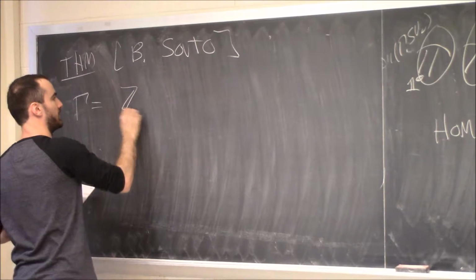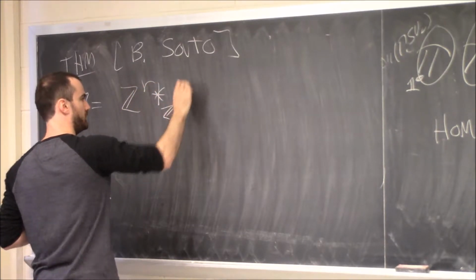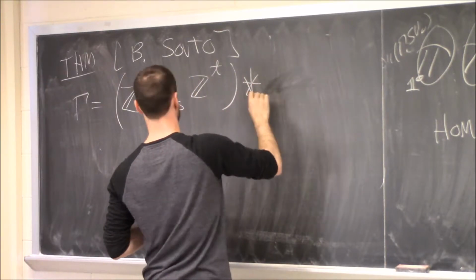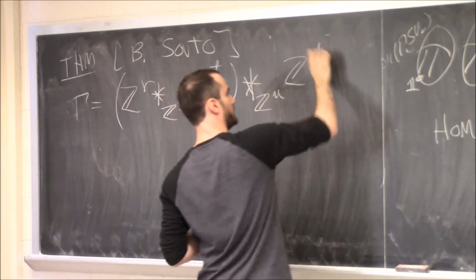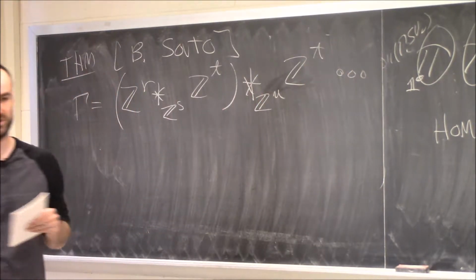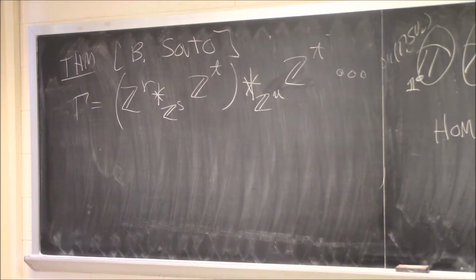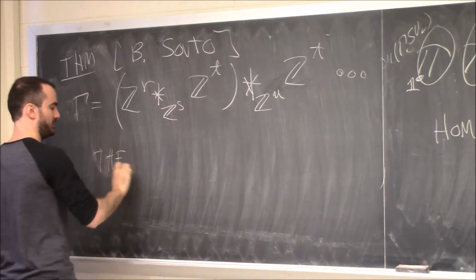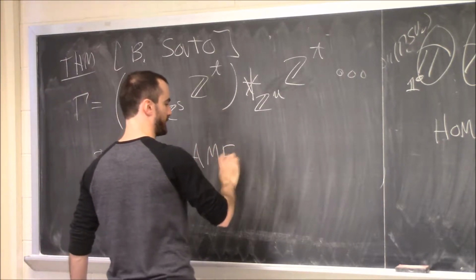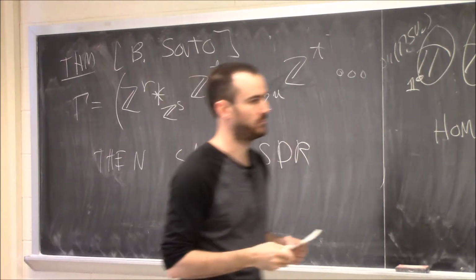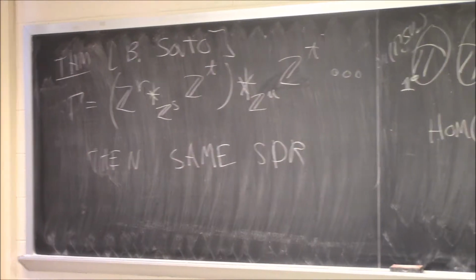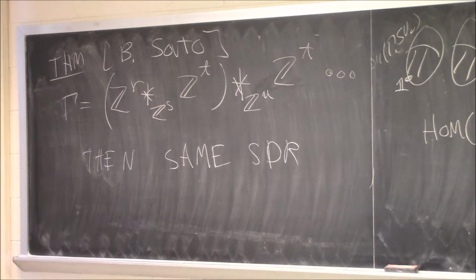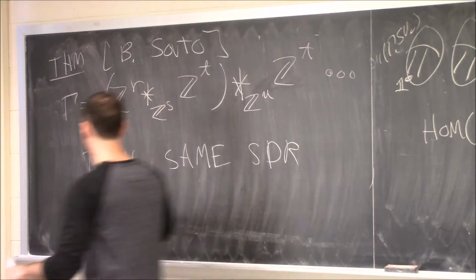So if you're taking any group you get by starting out by amalgamating free abelians along free abelians, then you get the same strong deformation retract from Hom(Γ, G) onto Hom(Γ, K). So this class of groups seems kind of random at first, but there's a cute little consequence.